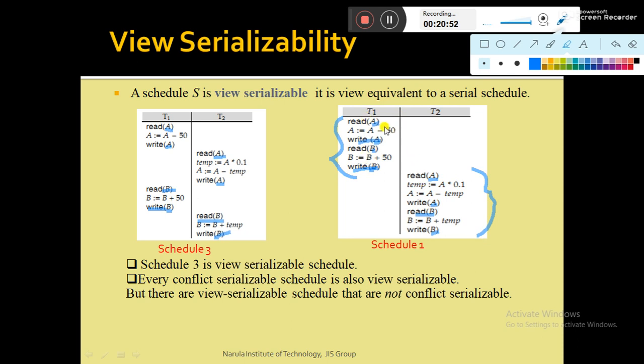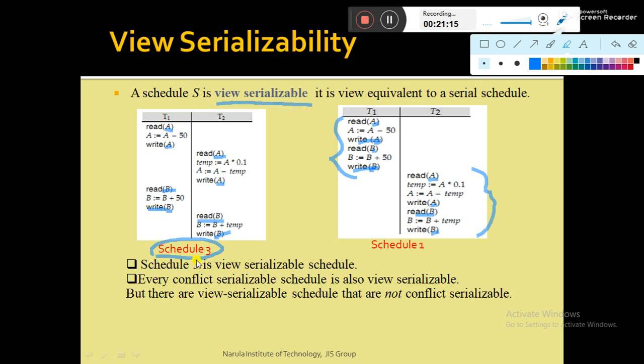All the instructions of transaction T1 appear together, and all the instructions belonging to transaction T2 appear together. That means it's a serial schedule. So schedule 3 is view equivalent to schedule 1, which is a serial schedule. That means we can say that schedule 3 is view serializable.